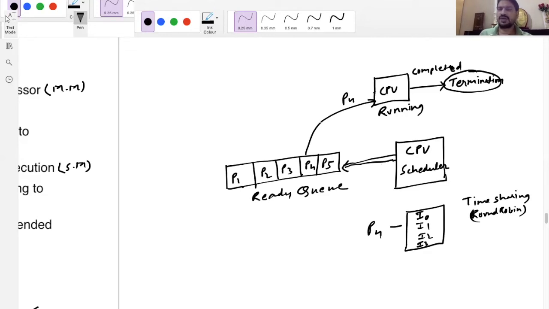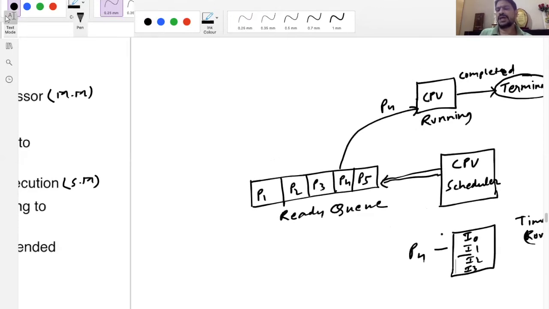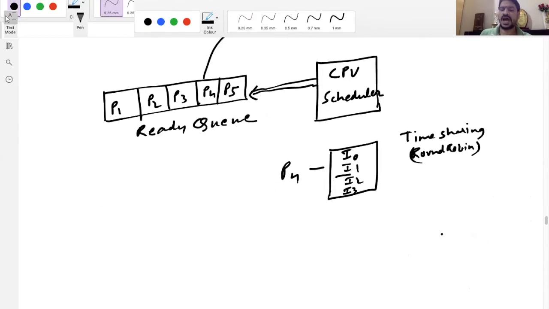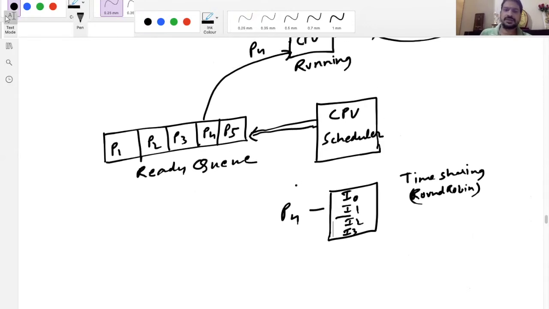So P4 will be allotted the CPU. It will perform its operation in 2 milliseconds. Let's say it has operated up to I0 and I2. After that, P4 will be preempted and sent back to the ready state again.